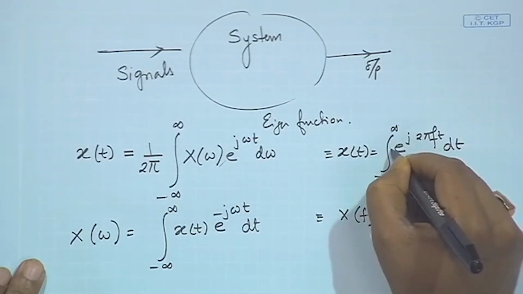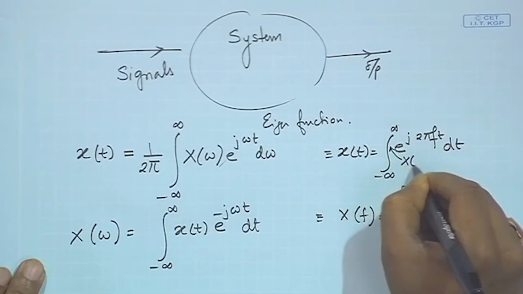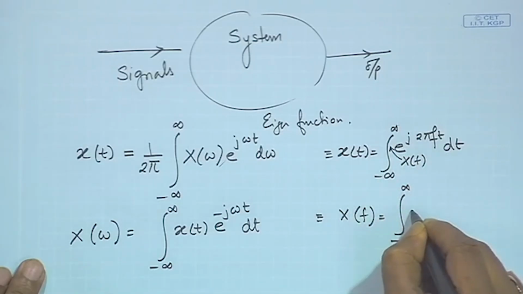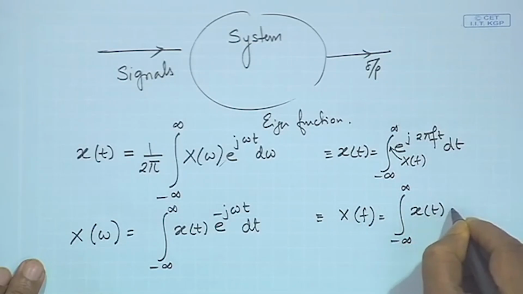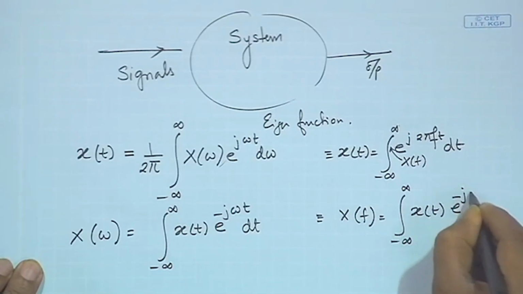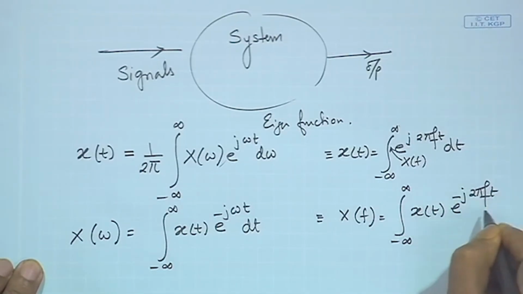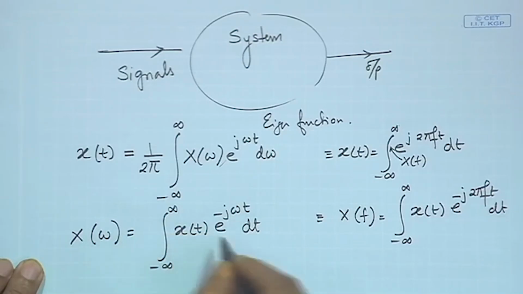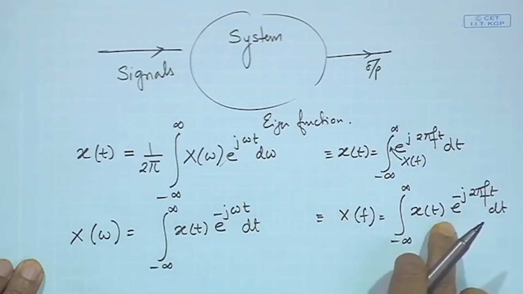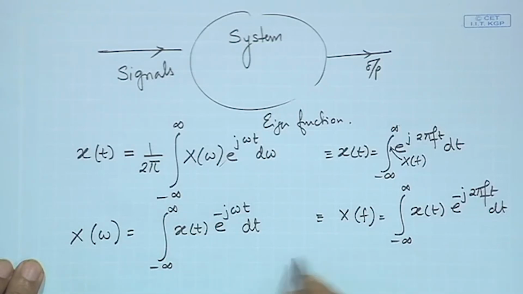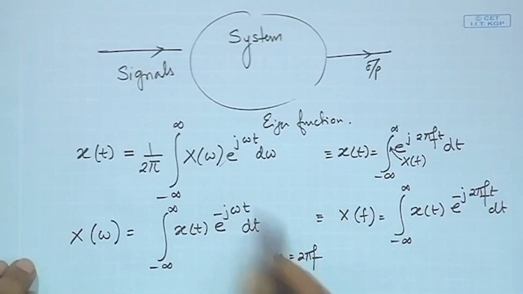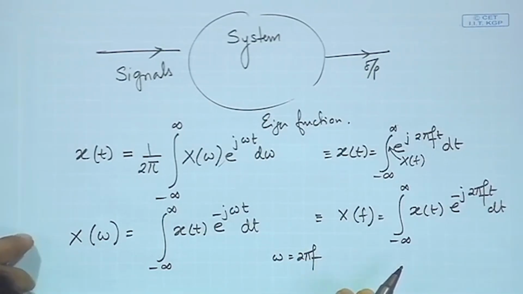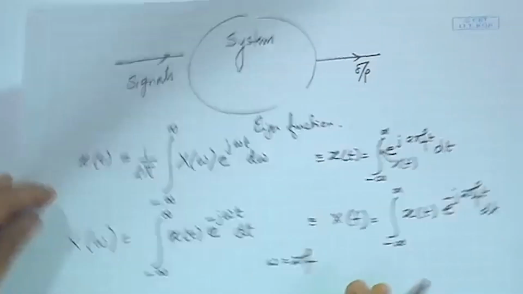Here I made a mistake, here there should be X of f, and here it should be x of t. And of course, the relationship omega equals 2 pi f. So, with these relationships we should be able to study the communication systems.